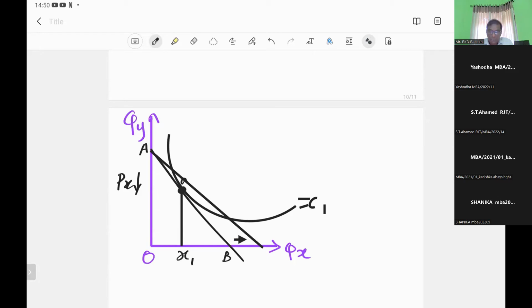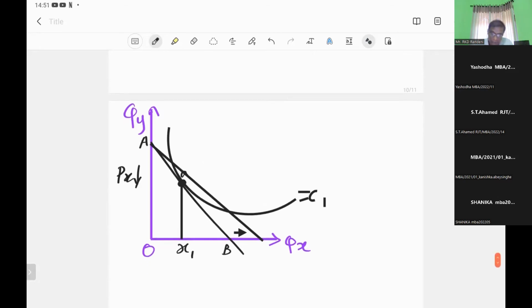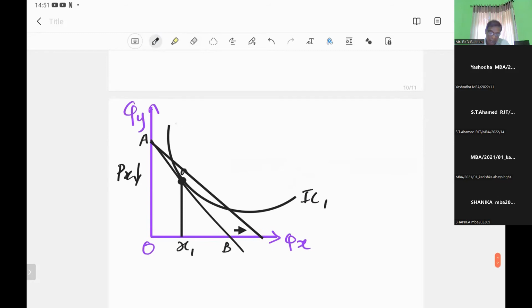Now consumer can reach a higher level of indifference curve. Indifference curve 1.